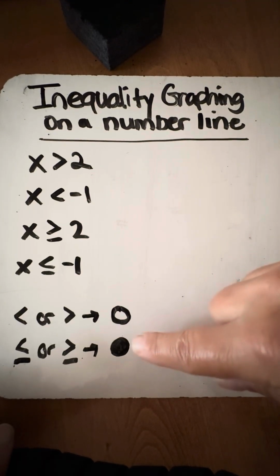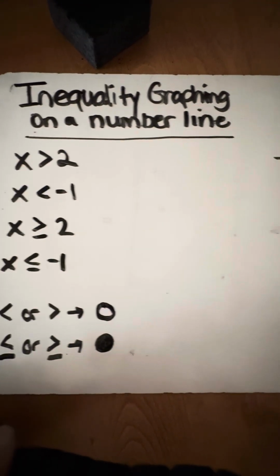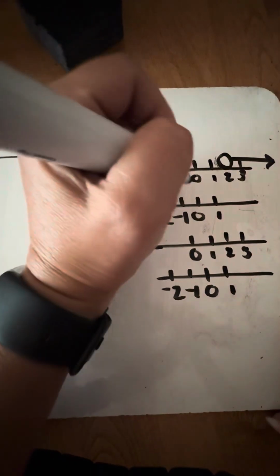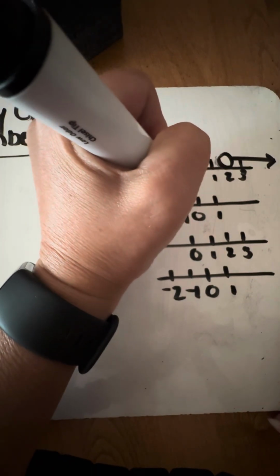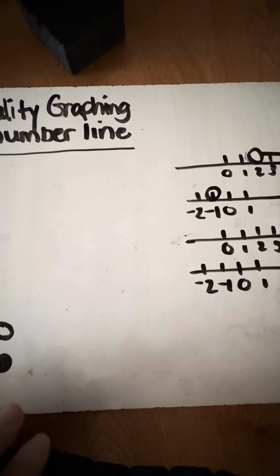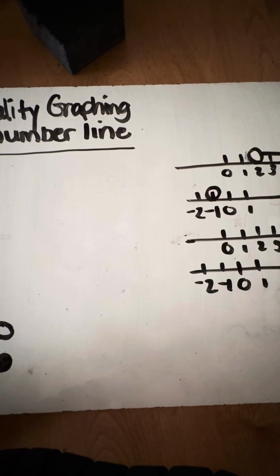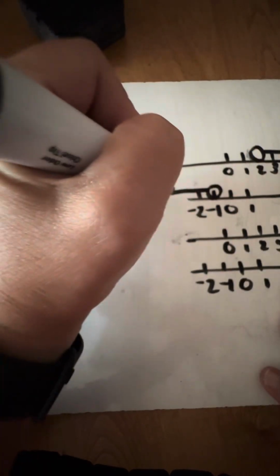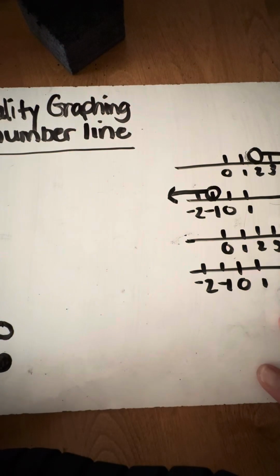So again, it's going to be less than, so it's an open circle at the -1. So you're going to put an open circle right here. And if it's a number less than -1, numbers less than -1 would be like -10, -9, -8, all of those numbers that are this direction. So you'd put an arrow that way.